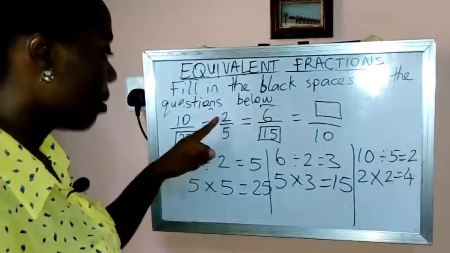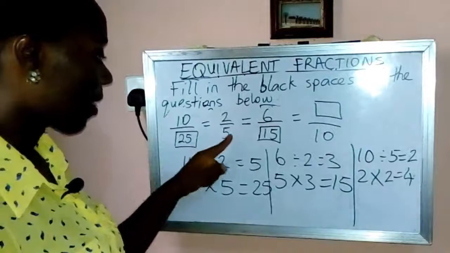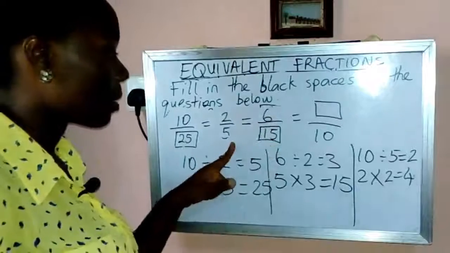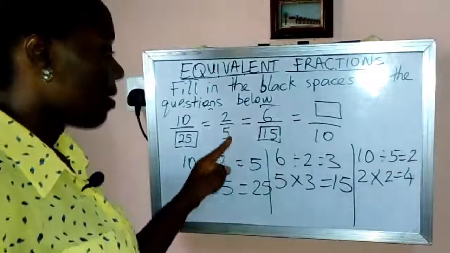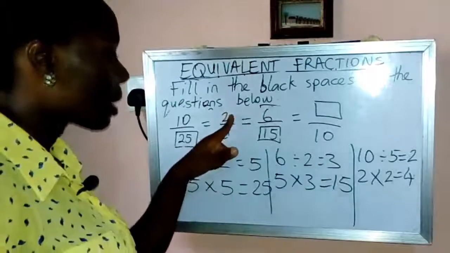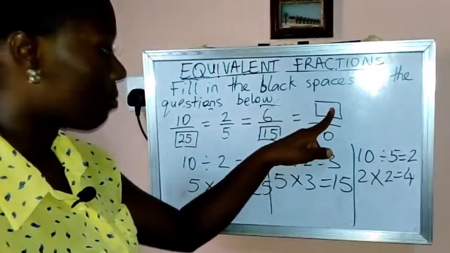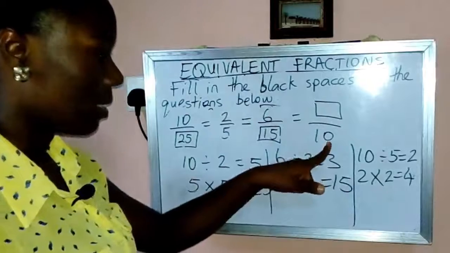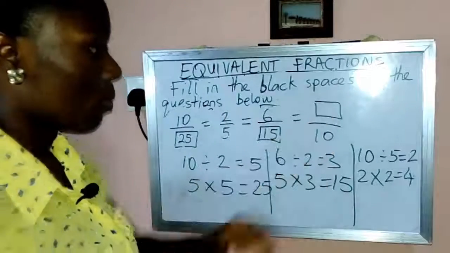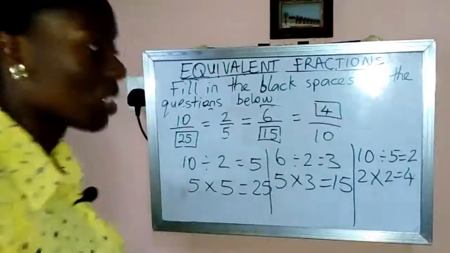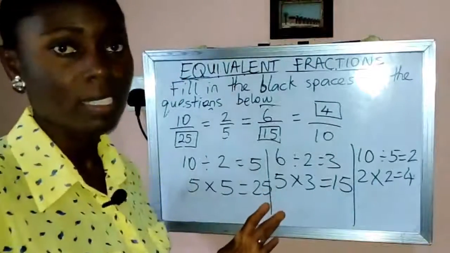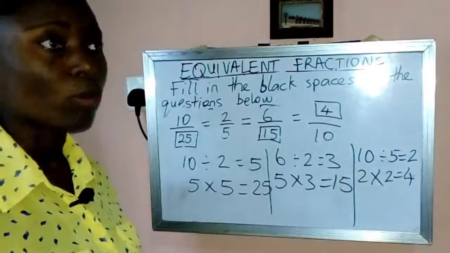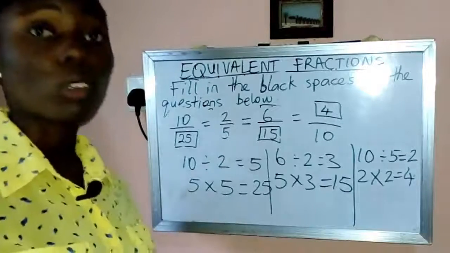So let's go over it again. 2 times 5, 10. 5 times 5, 25. 2 times 3, 6. 5 times 3, 15. 5 times 2, 10. 2 times 2, 4. So our answer here is 4. So I've succeeded in filling up all the blank spaces. How? First of all, I started with this number, which is our complete fraction.